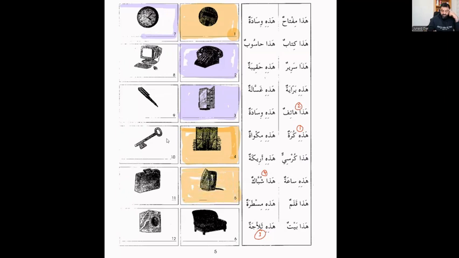Number five then. What's the word for an iron? The word for iron is mikwatun. The one above is هذه مكوة. Very good. And that's it. Okay, next one. We got a sofa. The word for a sofa is arikatun.